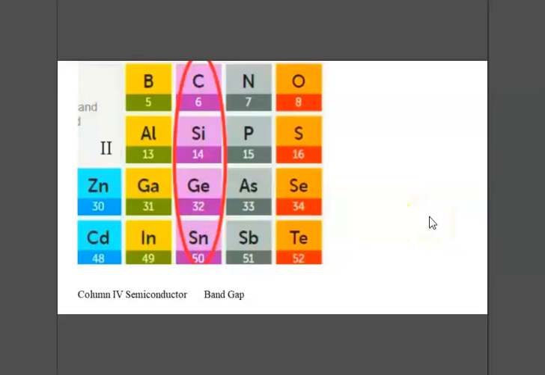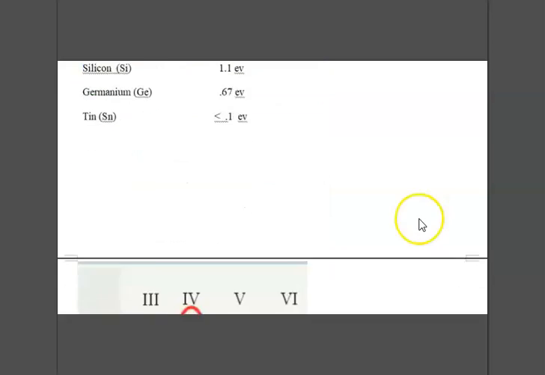As the atoms are getting bigger, the hold on the electrons in the valence bands gets less and less, and the ease to kick an electron from the valence band into the conduction band gets easier and easier.